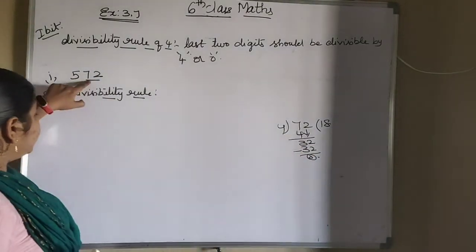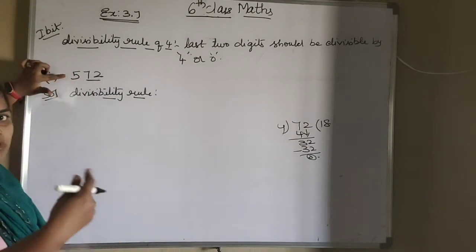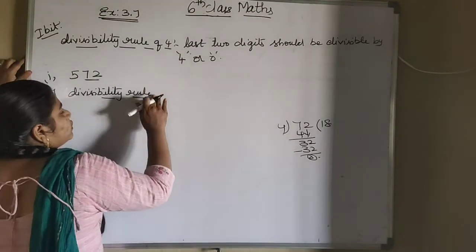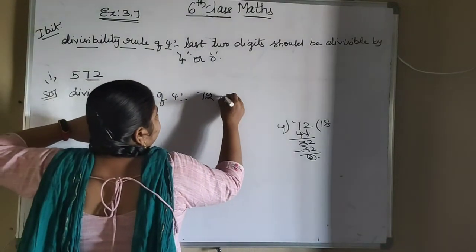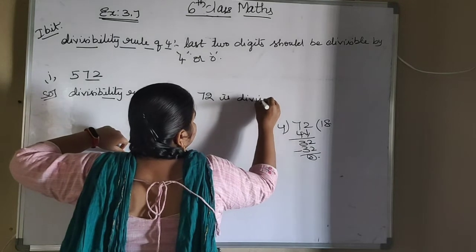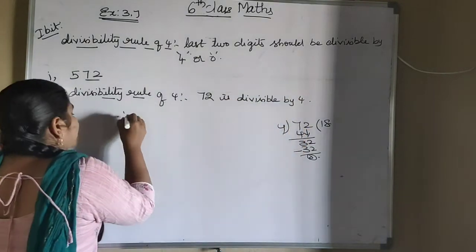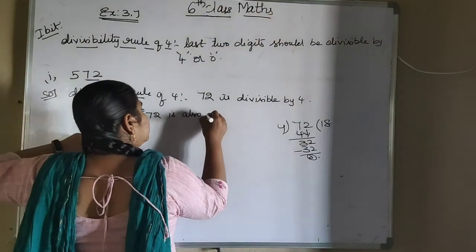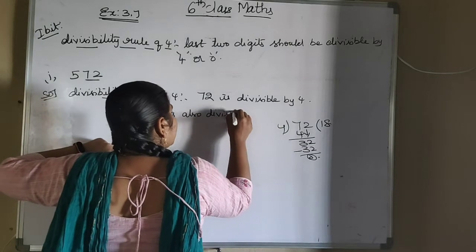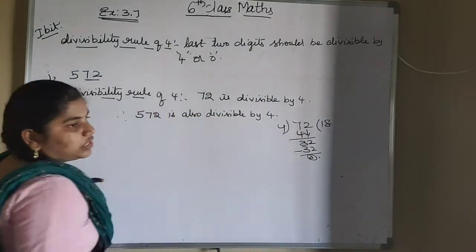That means 72 is divisible by 4, so 572 is also divisible by 4. I am applying the divisibility rule of 4 here: 72 is divisible by 4, therefore 572 is also divisible by 4. Like this you have to do the division and see.